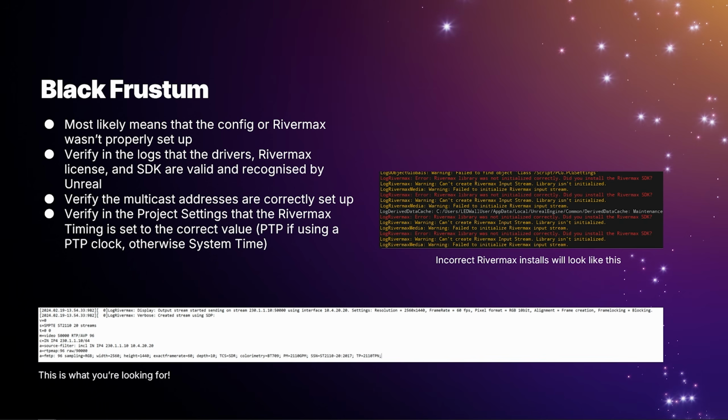So double check that you have it set to PTP if you're using it, or set to system time if you're not. So that bottom log in the white box is what you want to see: the stream started successfully and has all the information about resolution and color and all that. So that's what you want to get.